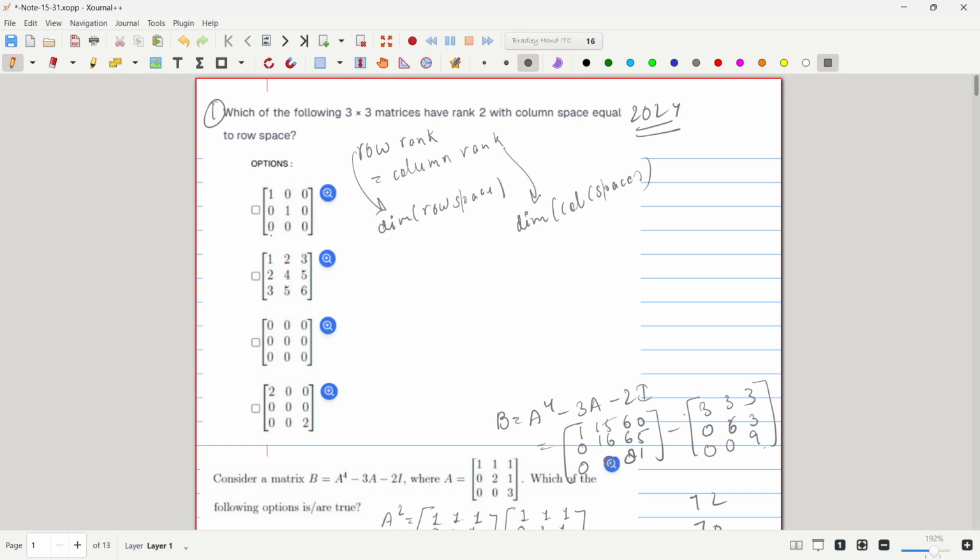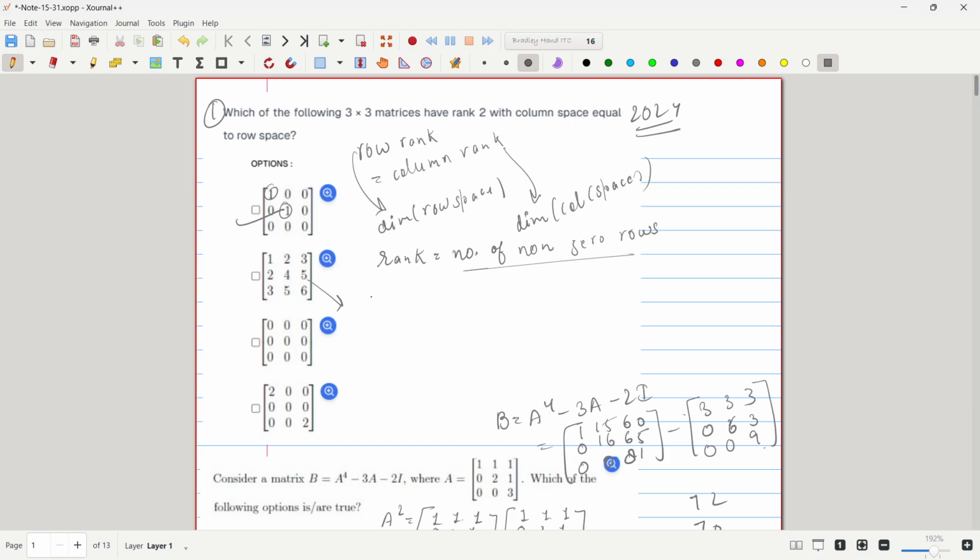Rank is equal to the number of non-zero rows. In the first option, there are two non-zero rows, so the first option is correct.